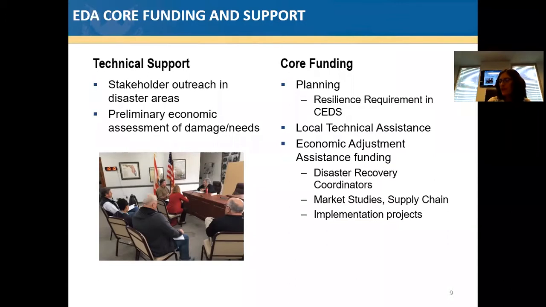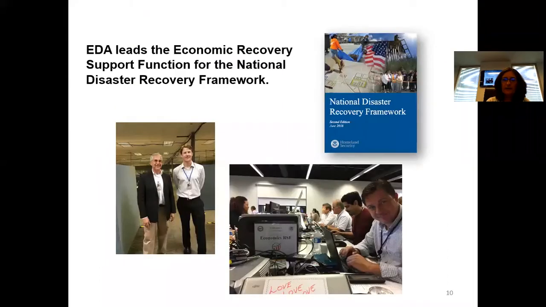One example is our Seattle Regional Office awarded a grant to Guam for the development of a comprehensive economic development strategy. Guam lies in the direct path of frequent tropical storms and typhoons and will benefit from having an updated CEDS and a chance to strengthen their economic resilience.